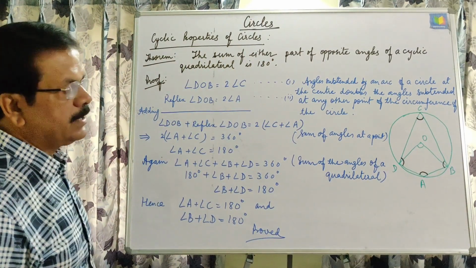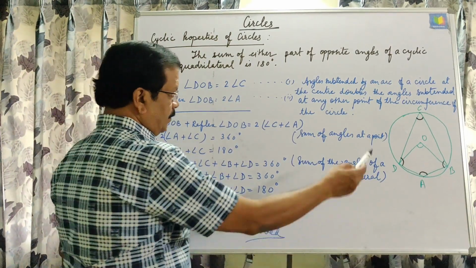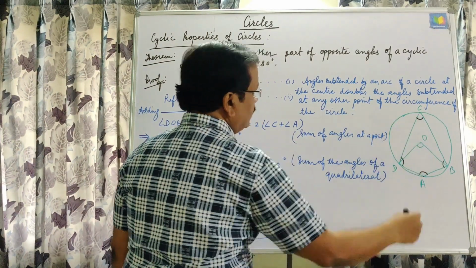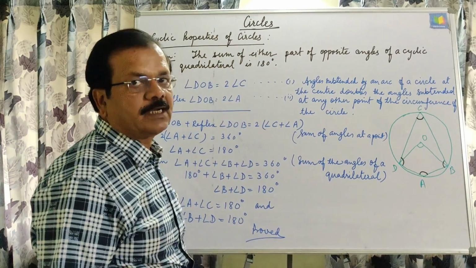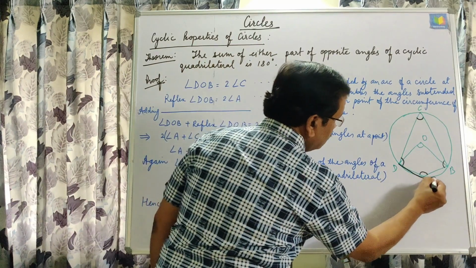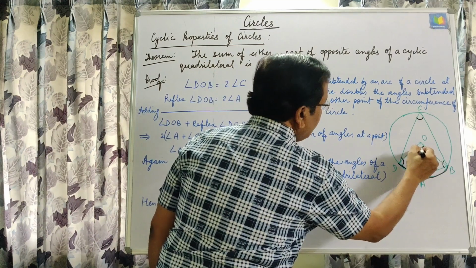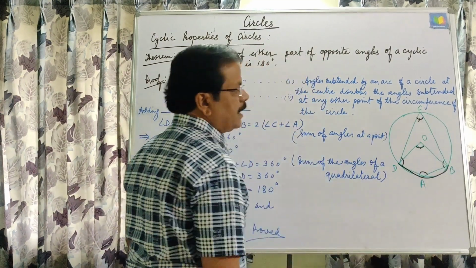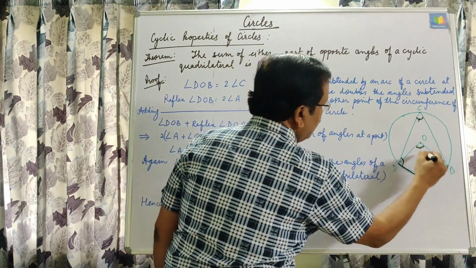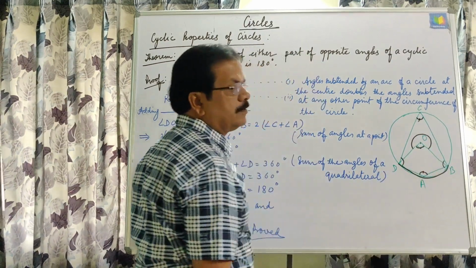Now, following the same way as we have done earlier, the angle subtended by any arc of the circle at the center is double the angle subtended at any other point of the circumference of the circle. Again, taking this arc DAB at the center, this angle doubles this angle, and on the contrary, the reflex of this angle doubles this angle.